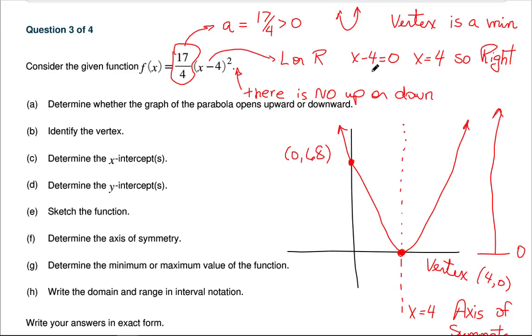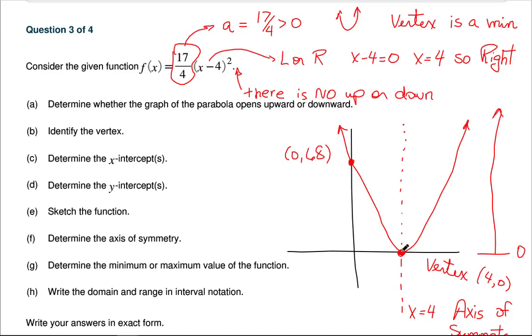X minus 4 is 0, so I get x is 4, so it goes to the right by 4. So this is at (4, 0). Axis of symmetry is the line right down the middle. Okay, that's good. The low point is 0 on up forever.